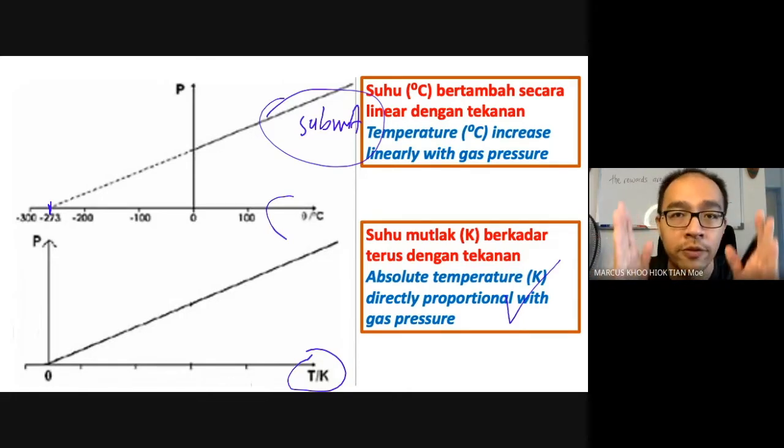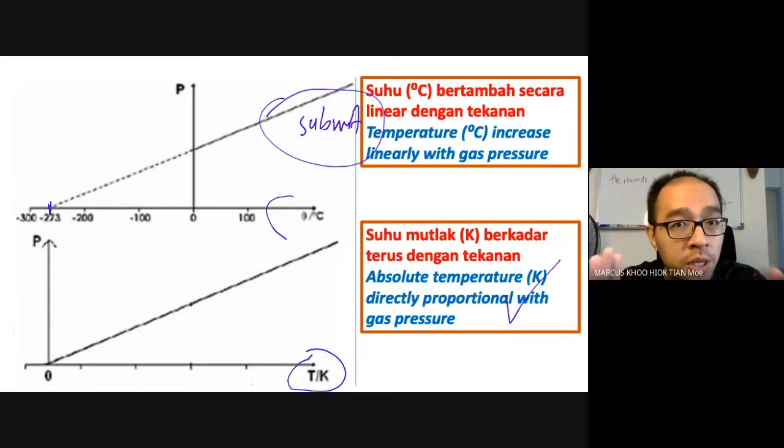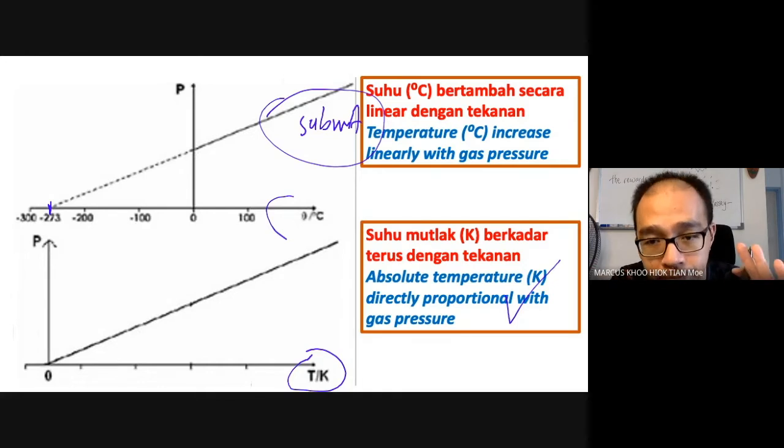The unit of the temperature tells you which words to use. Kelvin, absolute temperature. Degrees Celsius, temperature. But for Gay-Lussac's law and Charles' law, if you want directly proportional, you have to use the words absolute temperature. Don't get it mixed up.